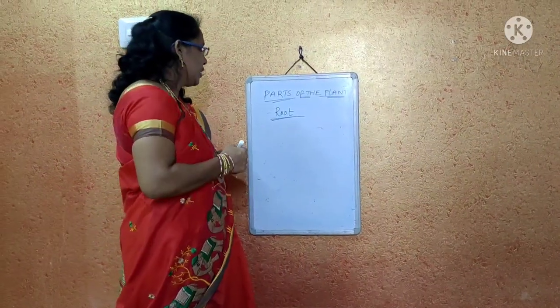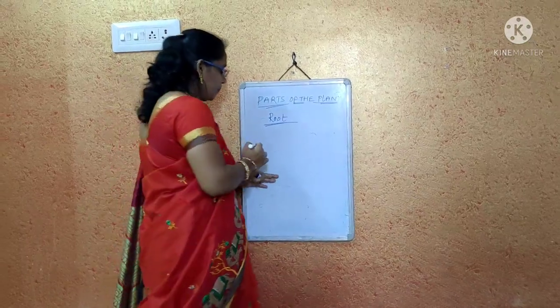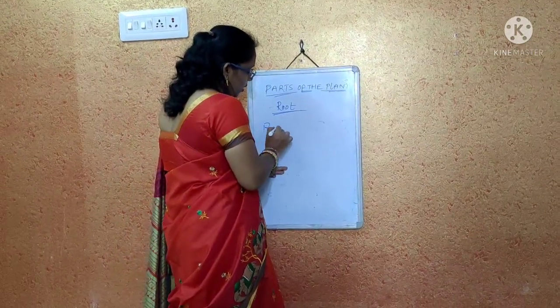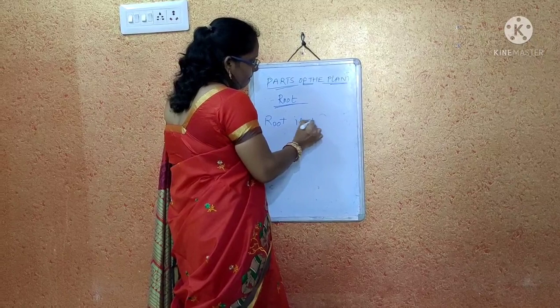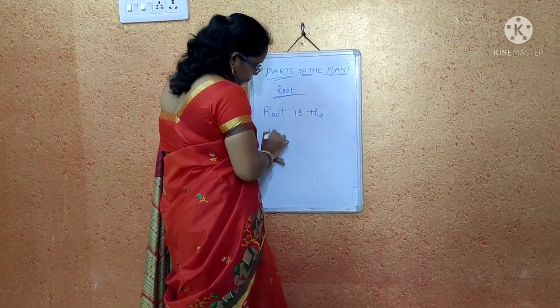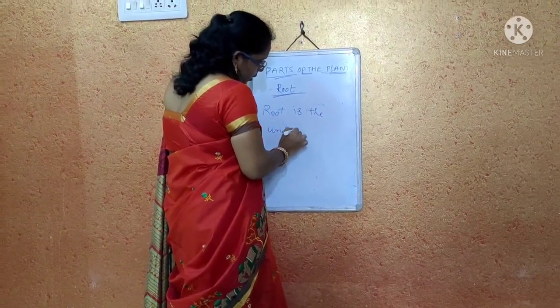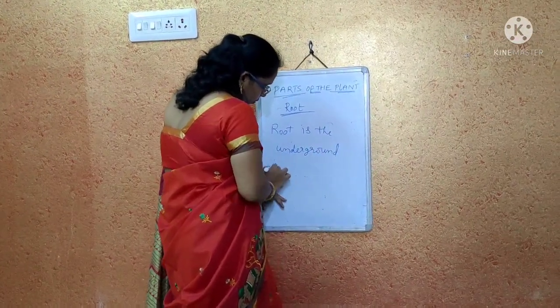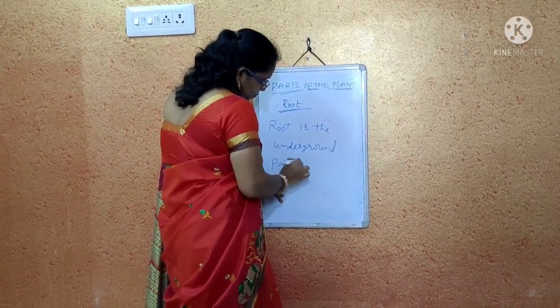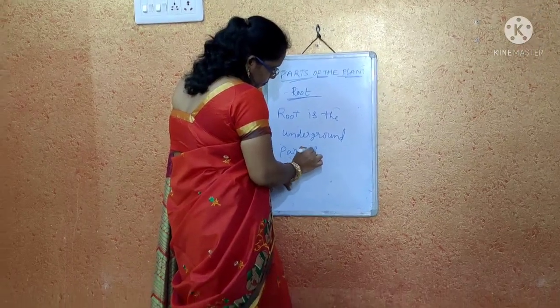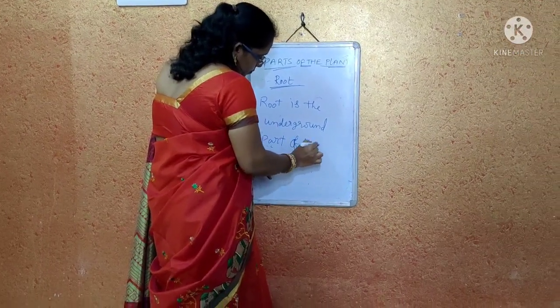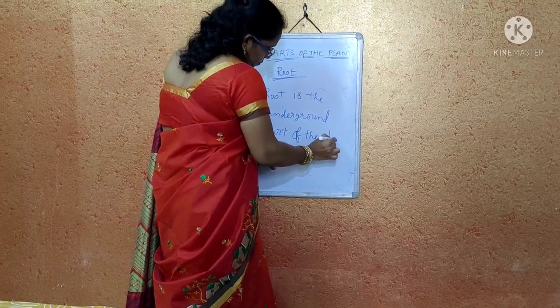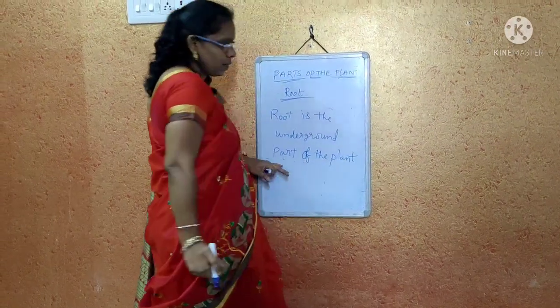Root. Root is the underground part of the plant. Write down.